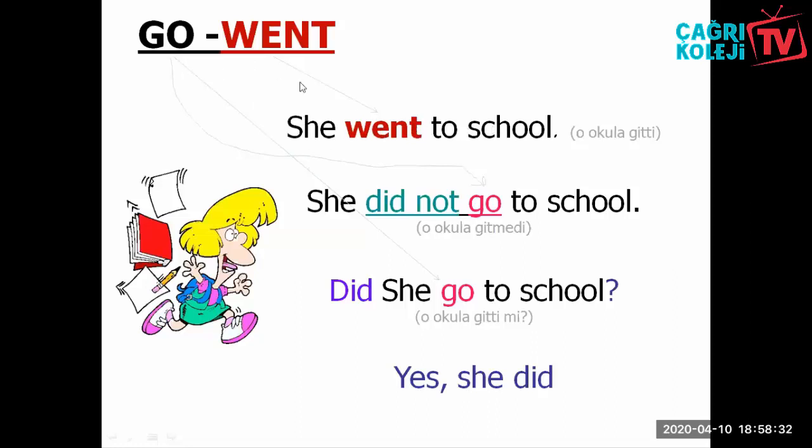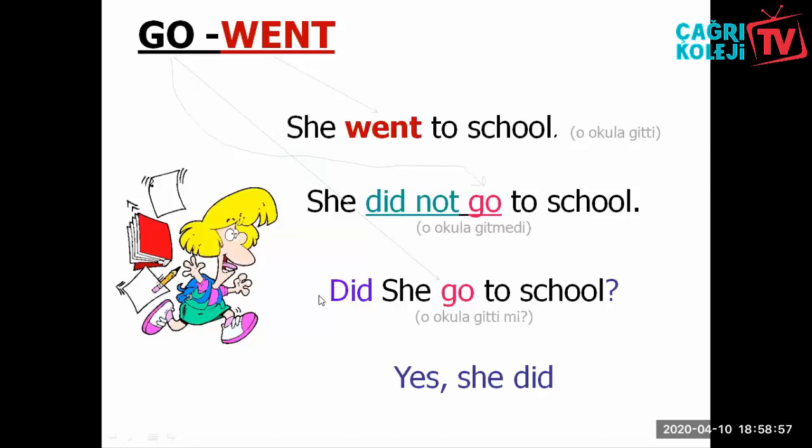No. She went to school. She didn't or did not go to school. You see, when it is negative, we use the bare infinitive without to, without ing, or without ed. We just write the verb as it is.